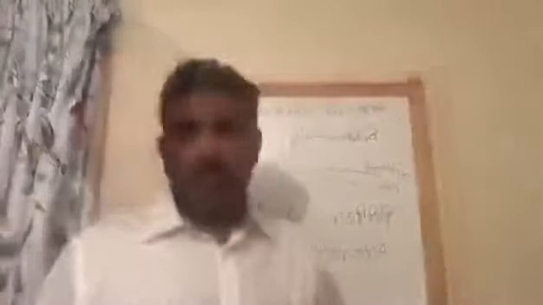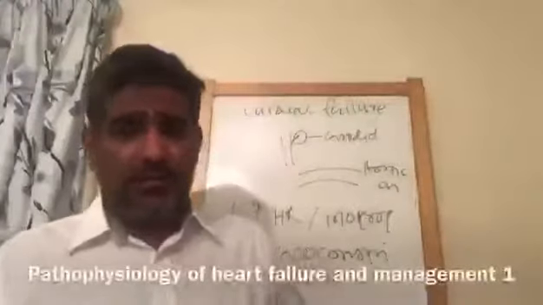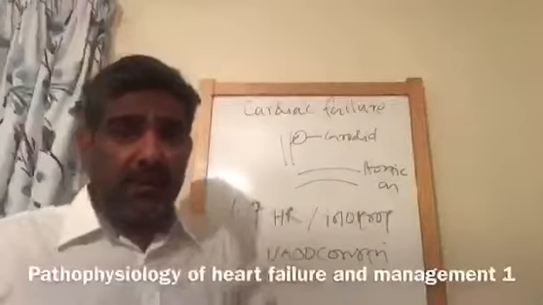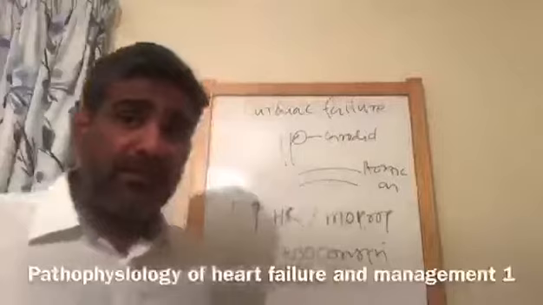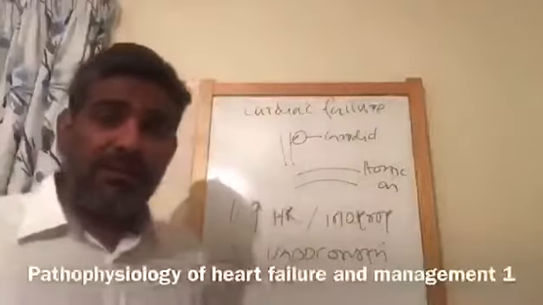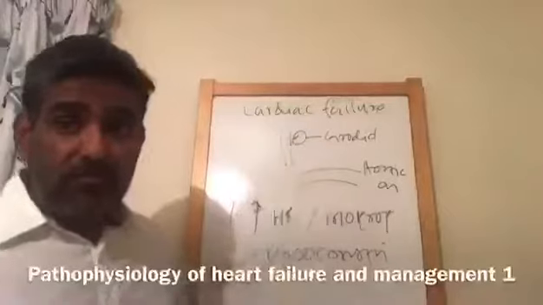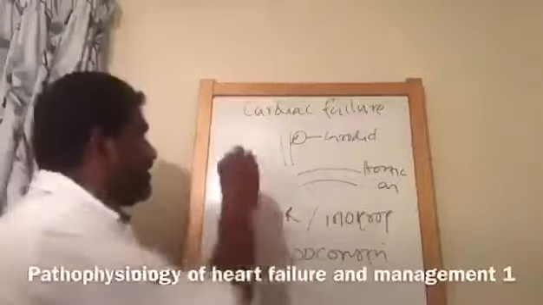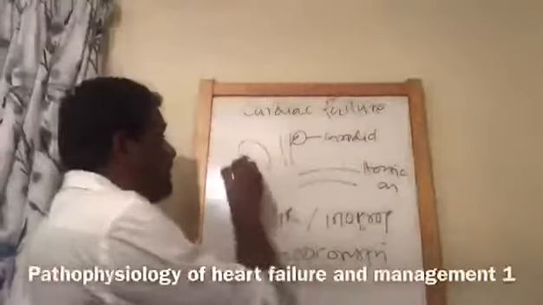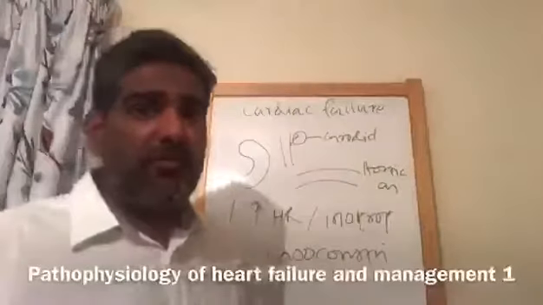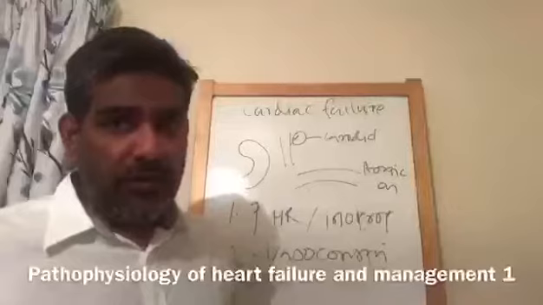In addition to this, the pressure reduction due to the failed heart pumping ability is not only sensed by these baroreceptors but also inside the kidney. Inside the kidney, because the heart cannot pump adequately, the renal perfusion is also going to be reduced.